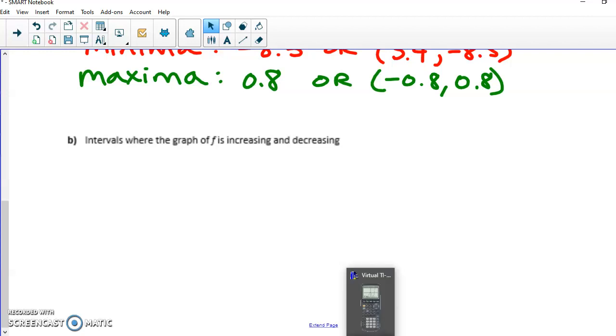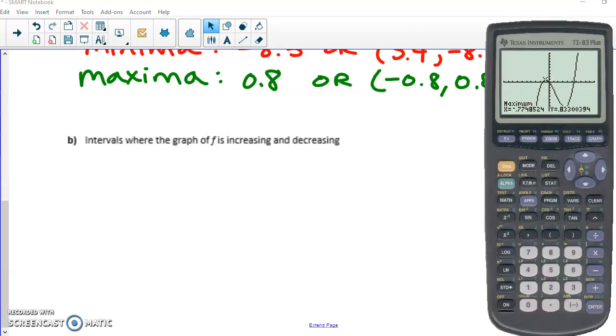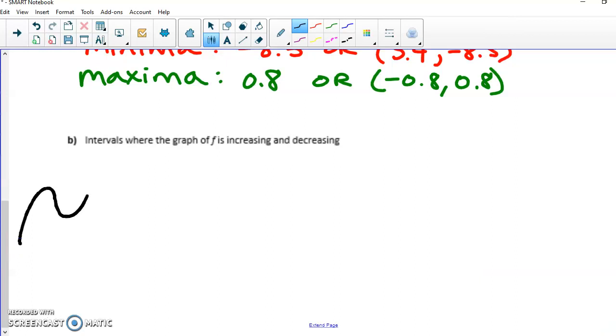So going back to our graph here, if I were to just do a quick sketch of this to remind us of what we have here, we've got our polynomial that looks something like this, and we've got a maxima and a minima.